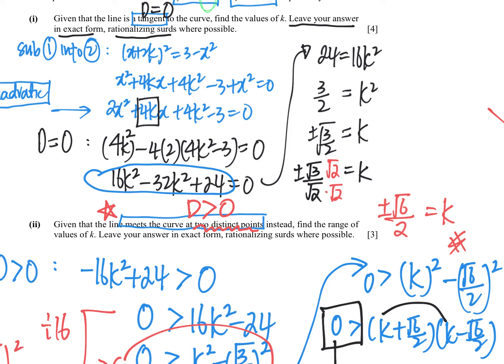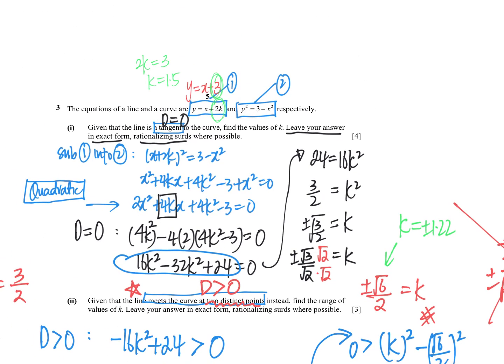So what is plus minus root 6 divided by 2? 1.22. Okay, so k equals plus minus 1.22. So for sure, once you check, you know that it cannot intersect at one point. Because intersecting at one point means your answer must be 1.22. But your answer is 1.5. So it doesn't intersect at one point.